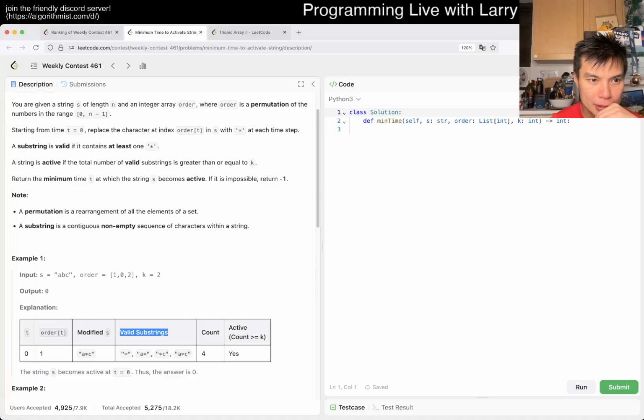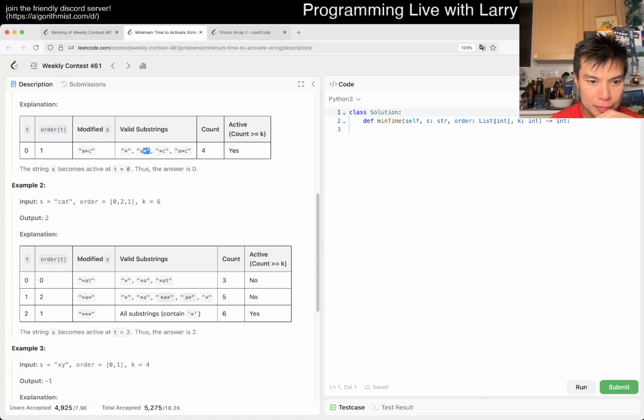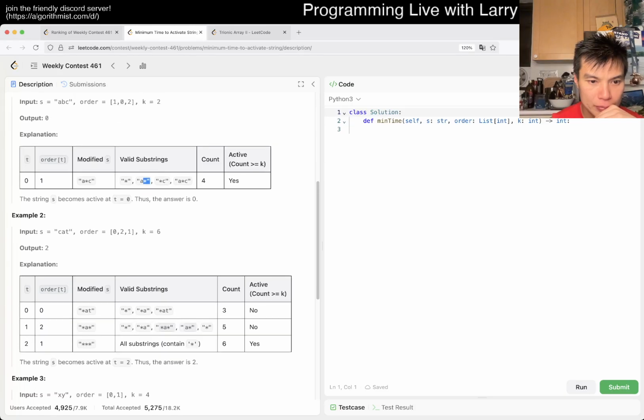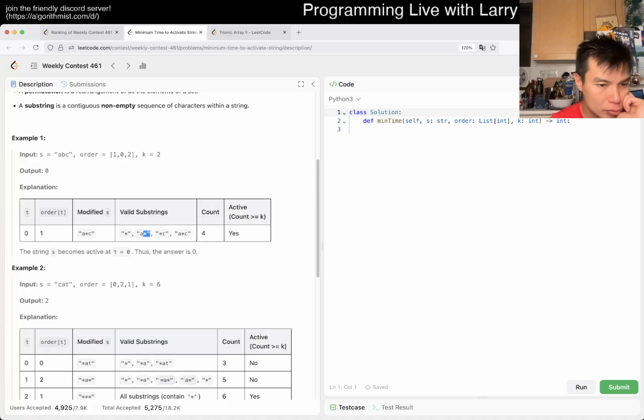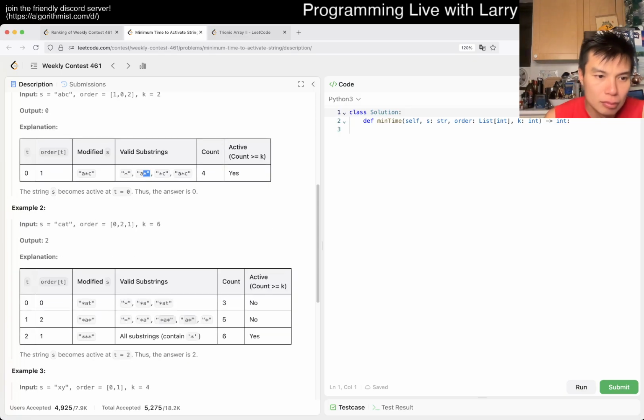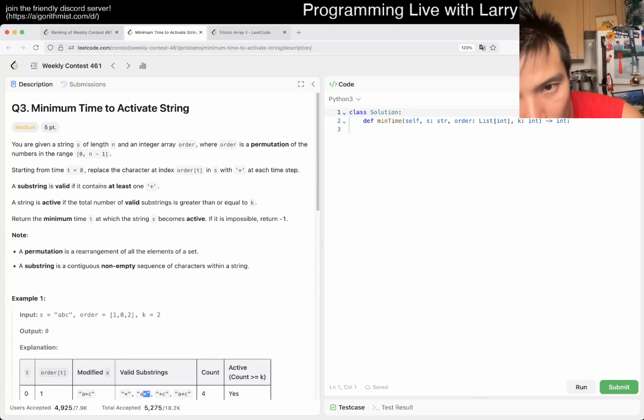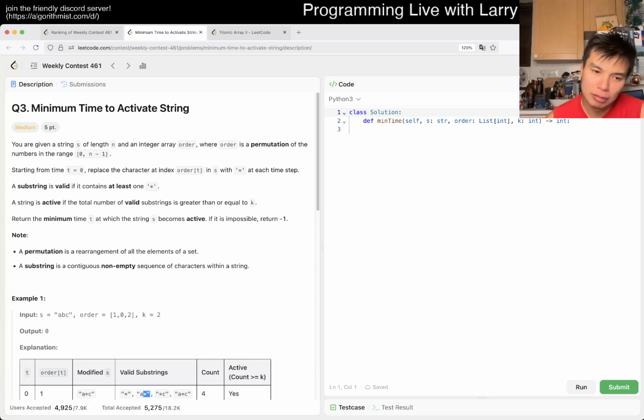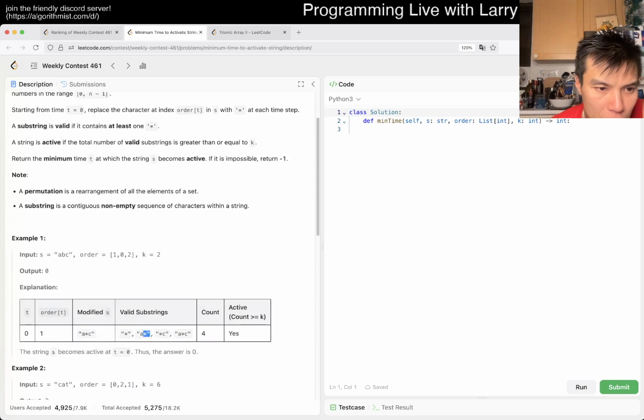What is a non-valid string? If we're able to do it in linear, then with the binary search we're done. But okay, so we have to just do the count.